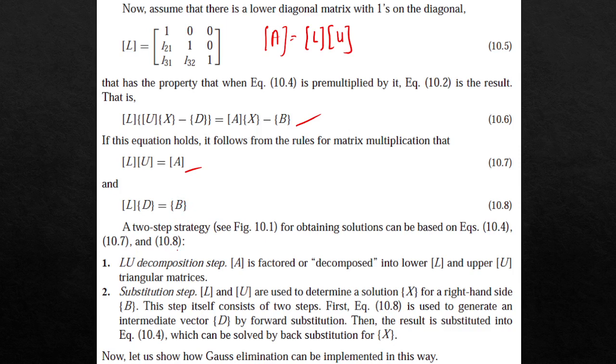So a two-step strategy for obtaining the solution can be based on equations 10.4 and 10.7. For the LU decomposition step, A is factored or decomposed into two, the lower and the upper. Then the substitution step: L and U are used to determine the solution of X for the right hand side, B.